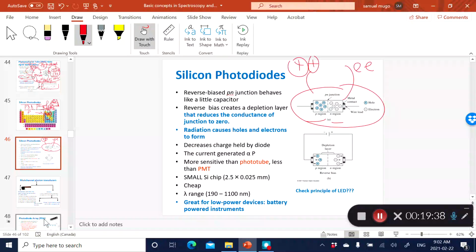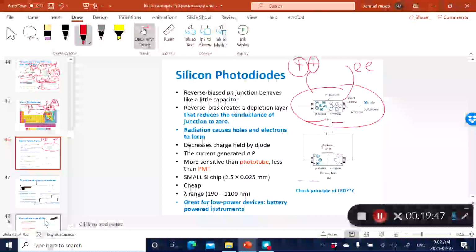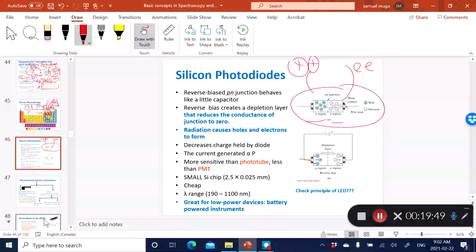And holes mean electron-deficient areas. Now, if I take that P-type diode and connect it to a power supply, where this side of the P I connect to the negative terminal, and the N side I connect to the positive terminal of a battery.